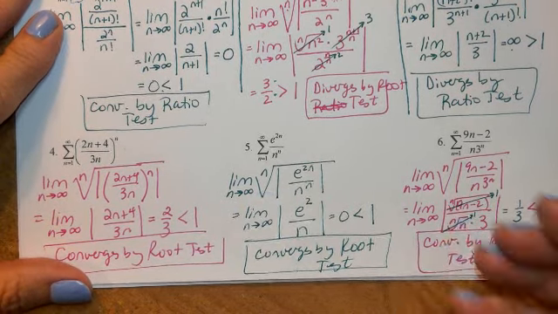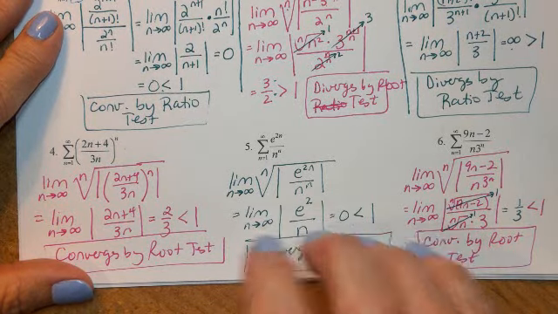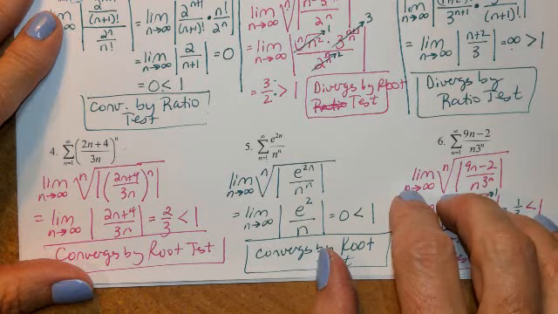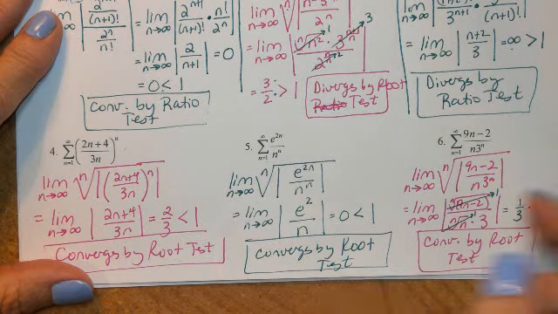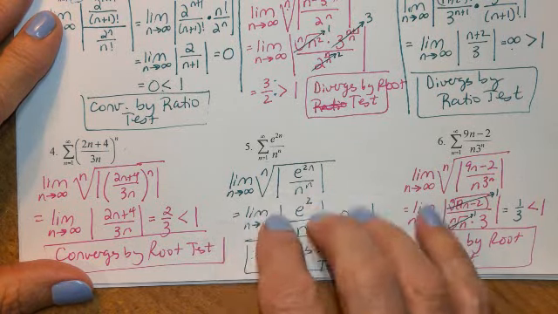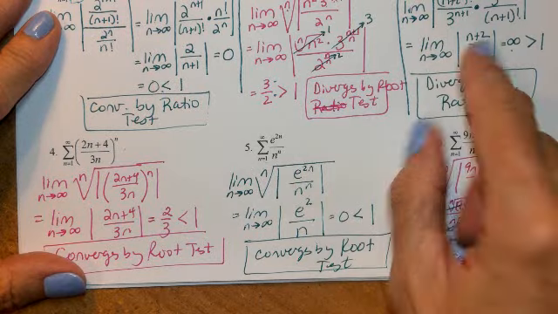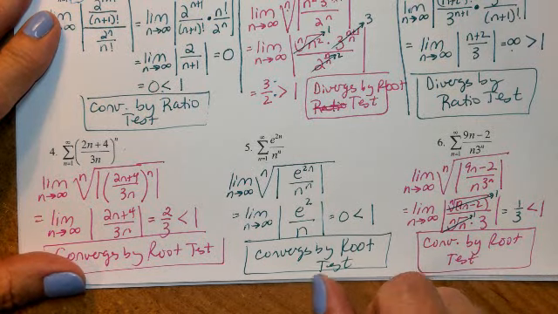I say this stuff to you because if you're taking a multiple choice test, you can use these concepts. And you don't have to spend time writing out work that you may not need to determine convergence or divergence.